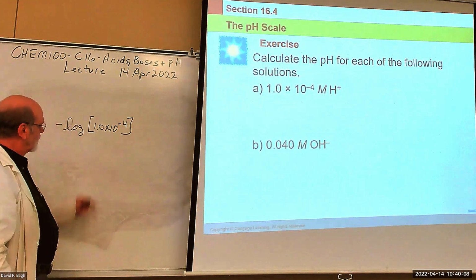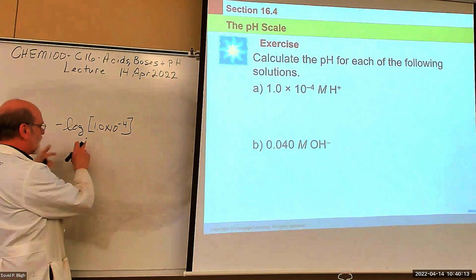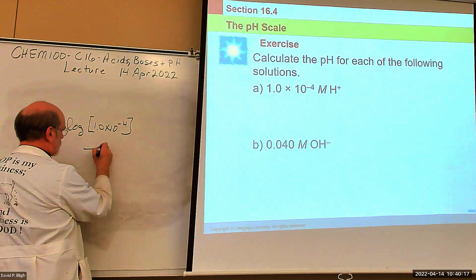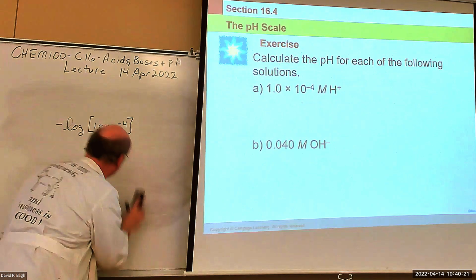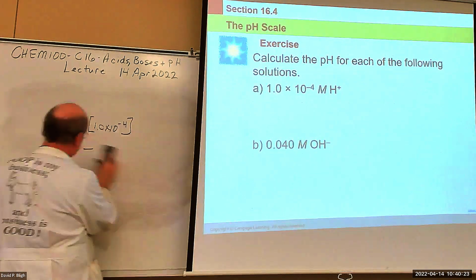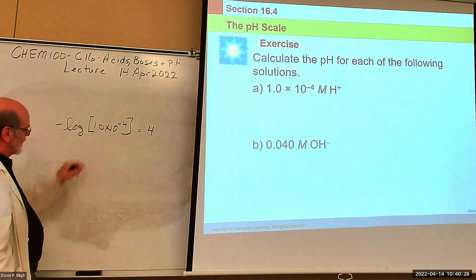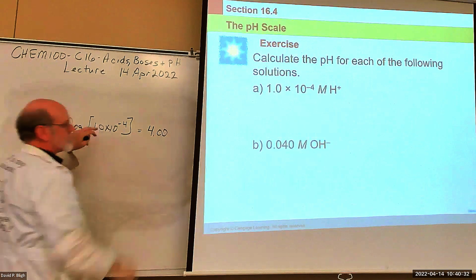That's an easy one, because this is the same as 10 to the -4. So the negative log of that would be 4. Okay. Let's see. We've got 2 significant figures, 2 decimal places.